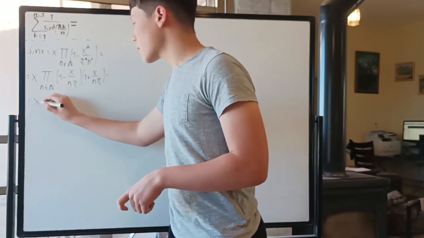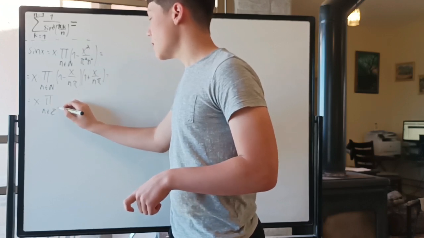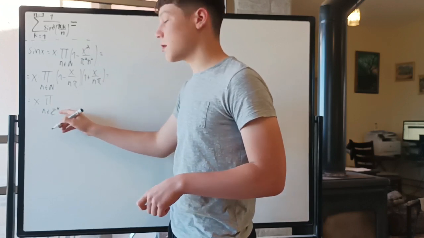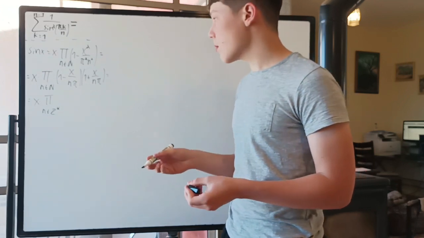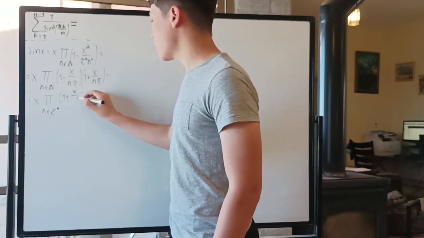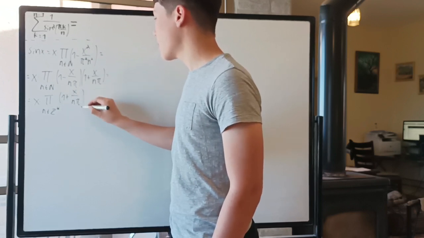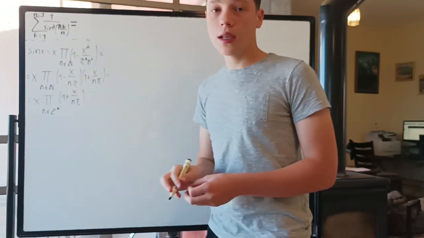So this is going to be x times the product over n in Z star, where this little star means it's Z except 0, the whole numbers except 0, of 1 plus x over n pi. So this is equal to sine x.